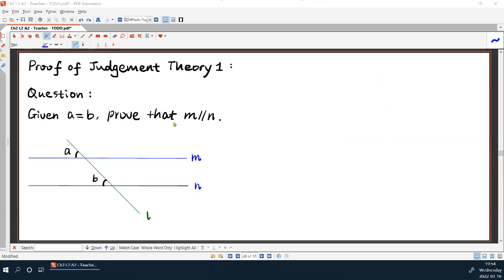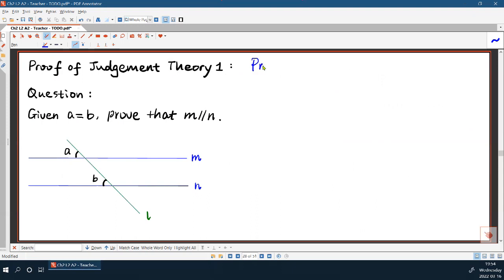Inspired by the proof of the property theorem, let me give you the proof here. Again, we can't use any of the property theorems, right? Because we don't know if M is parallel to N yet.